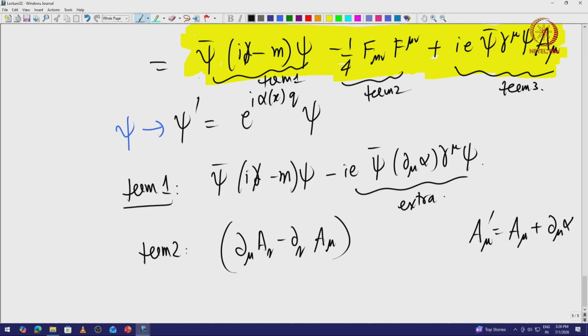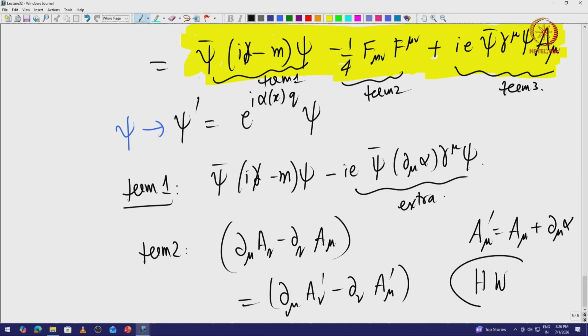So, this is equivalent to del mu A nu prime minus del nu A mu prime. So, each term is invariant. This is one of the homeworks essentially. You explicitly work it out and show that this is invariant.